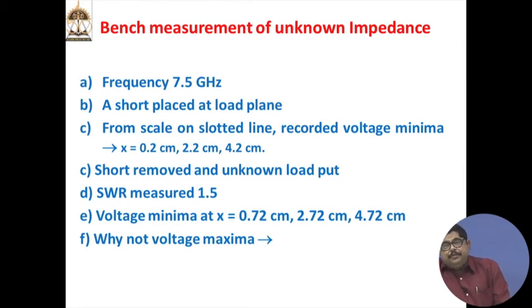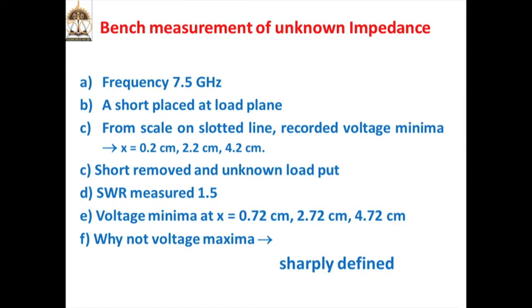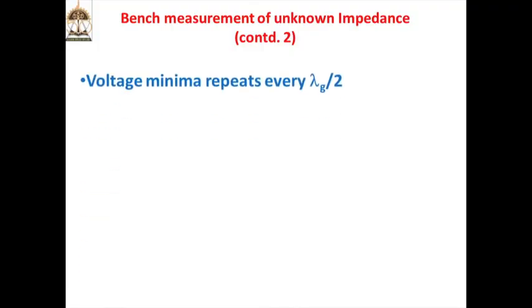Whereas near the minima the slope is quite high, so the sensitivity of the measurement is good. That is why instead of maxima we always measure the minima points. The minima is sharply defined, whereas at the maxima the voltage is flat, so it is not so sharply defined. Let us continue that measurement.